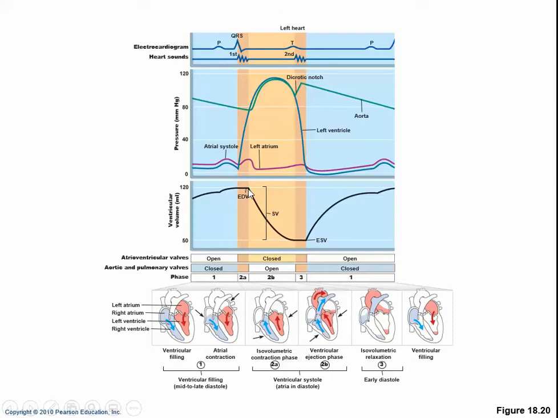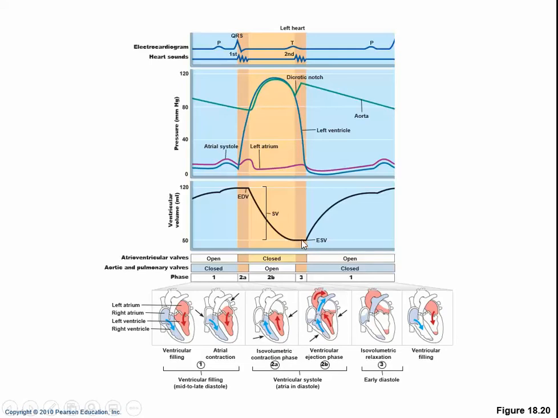Then the semilunar valve opens, and all the blood leaves the ventricle. This is the stroke volume. We get to here at the end systolic volume, because systole is here. Diastole starts here. The semilunar valve closes.